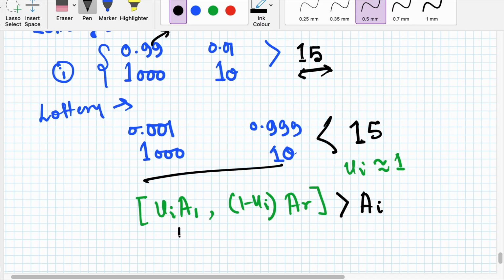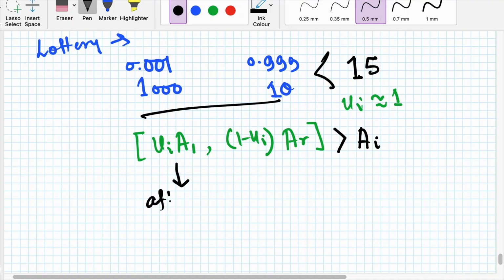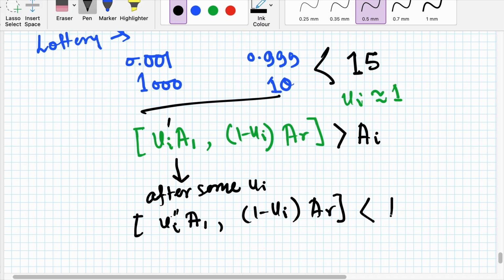And now if I start to decrease UI, after some UI that preference will flip, because if I decrease it, the probability of getting the highest prize is decreasing. So after some UI you will find that the lottery A1 with probability UI and A-tilde with probability 1 minus UI is not preferred over AI.